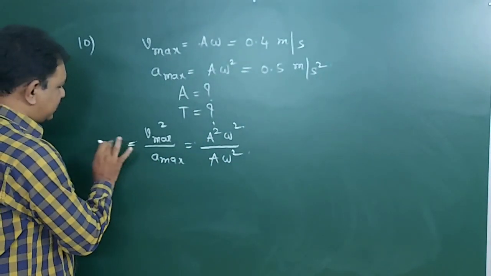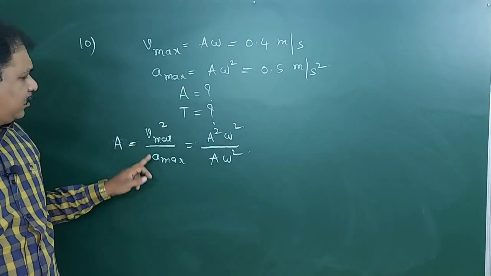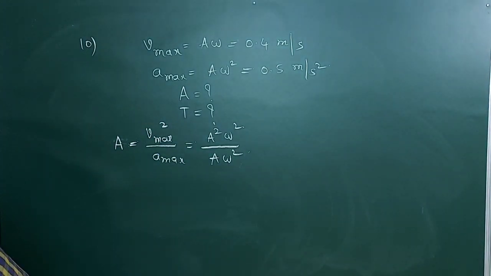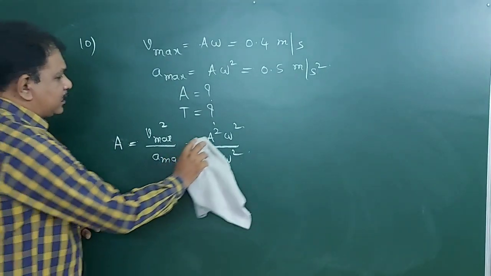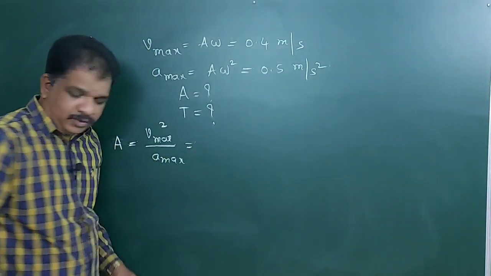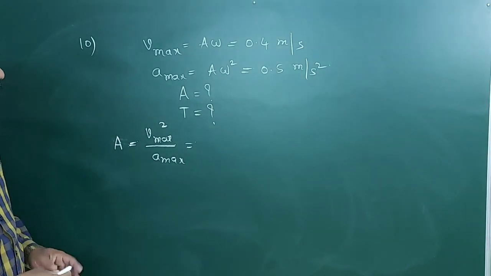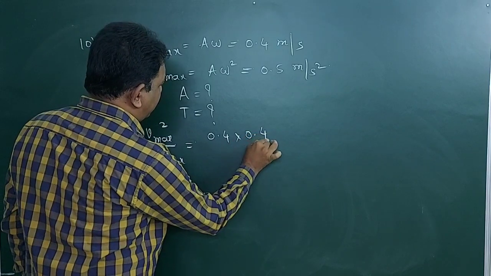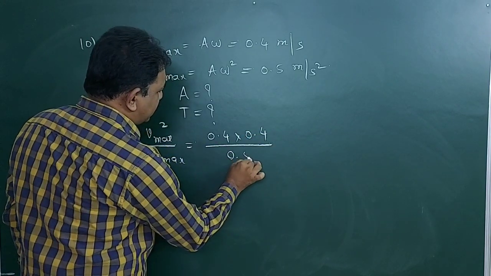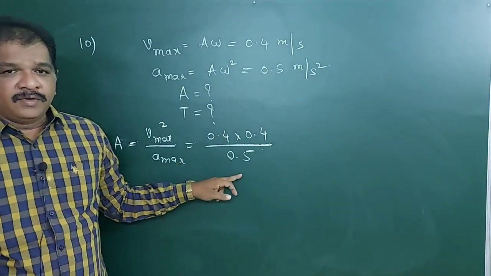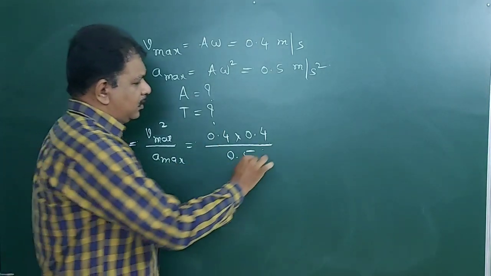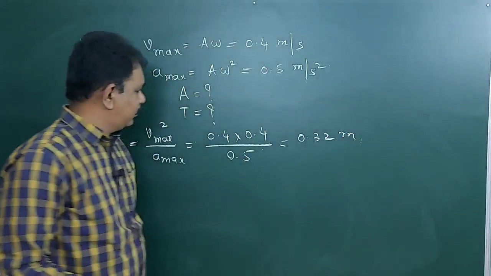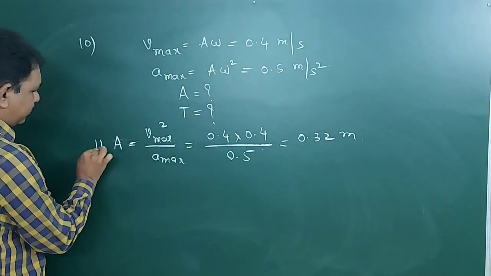So A is equal to V max square by A max. You substitute those two values. V max square will be 0.4 squared, by 0.5. 0.16 by 0.5. So this is 0.32 meter. That will be the amplitude.